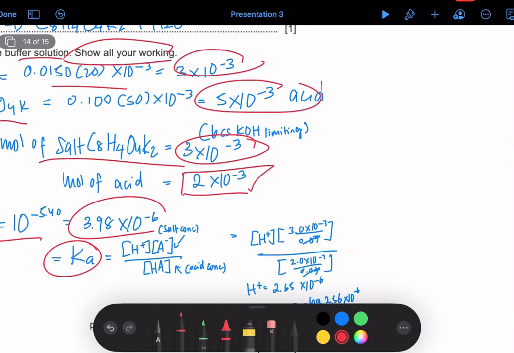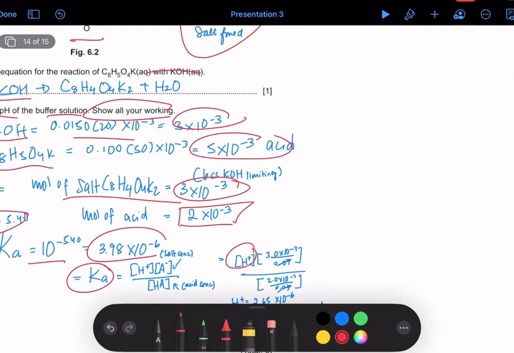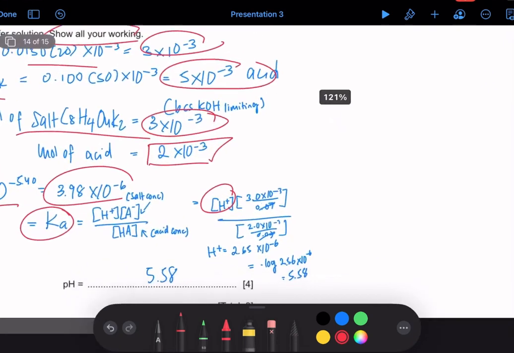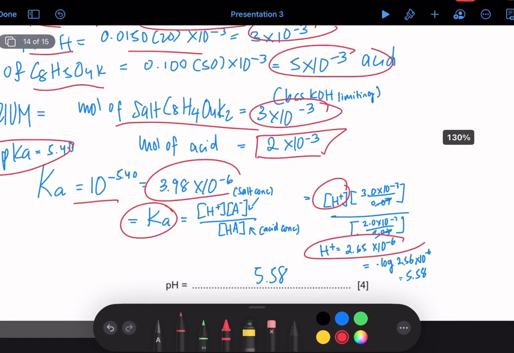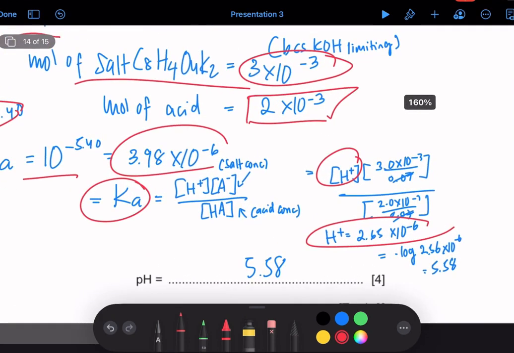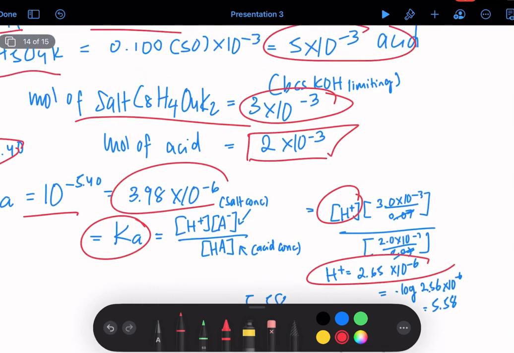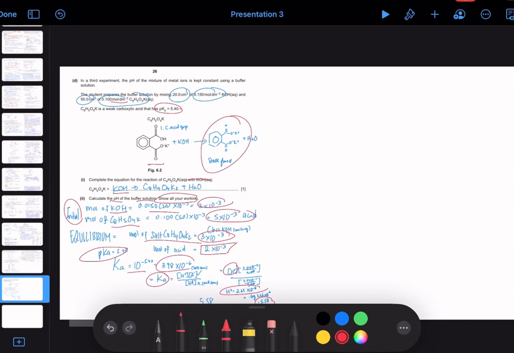So you're trying to find the H plus, right? So again, you can just plug in the values divided by the total volume, which is 0.07. And yeah, you can cross it out and you obtain the value of H plus, which is 2.65 times 10 to the power of negative 6, and you just log the value and you get 5.58. That would be your pH.